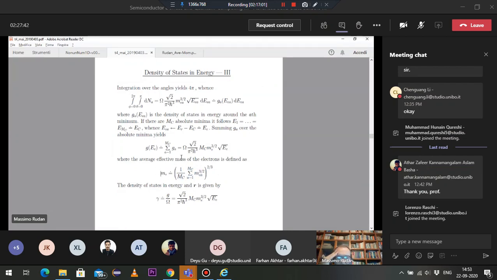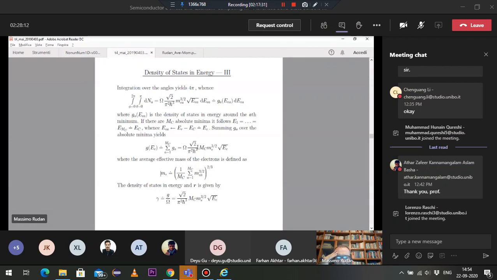And the conclusion is that the density of states is given by this expression, in which we have the square root of energy, we have the effective mass of the electrons to the 3/2, okay? And we have the total number of minima, of absolute minima of the conduction band, okay?